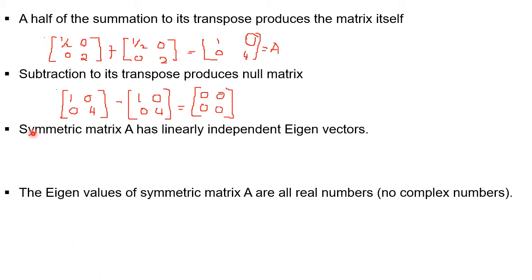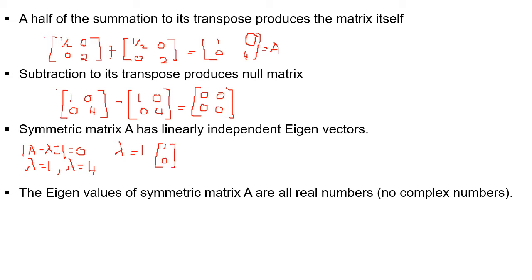And the next one, symmetric matrix A has linearly independent eigenvectors. And if I solve the characteristic polynomial, that is A minus lambda I being equated to 0, I get two eigenvalues, lambda equal to 1, lambda equal to 4. Corresponding to lambda equal to 1, I get the basis of the eigenvector as 1, 0.